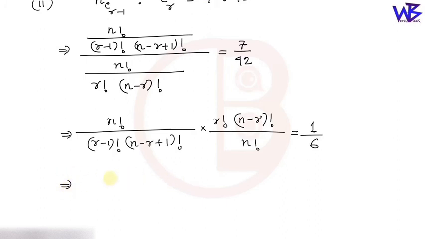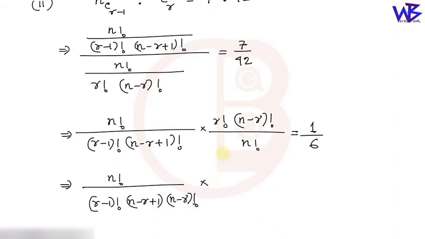I can write (n-r+1)! as (n-r+1) times (n-r)!, and r! as r times (r-1)!, and we have (n-r)! divided by n!, which is equal to 1 upon 6.